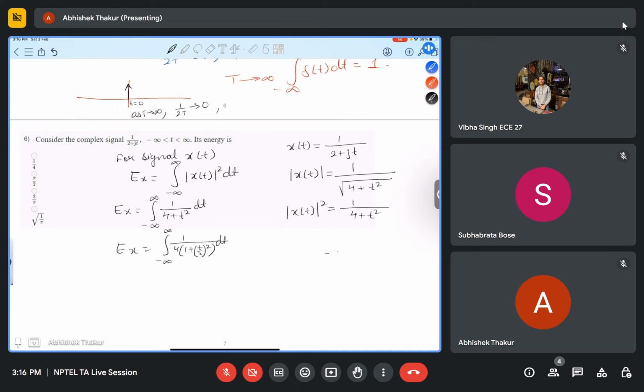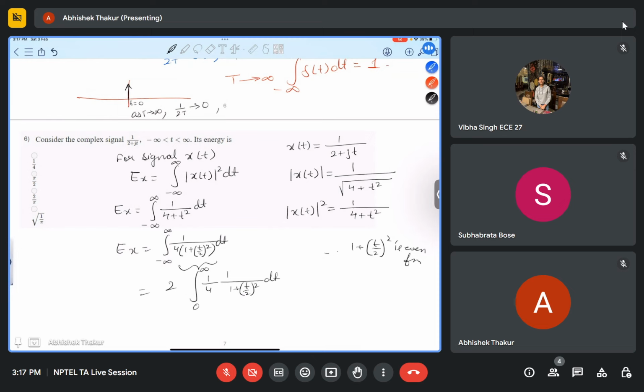And this function is even function, because 1 plus t by 2 square is even. So now integration we will write as 2 into 1 by 4, 1 by 1 plus t by 2 square dt, and this limit will change from 0 to infinite because it's an even function.